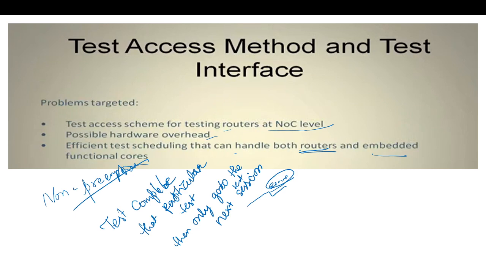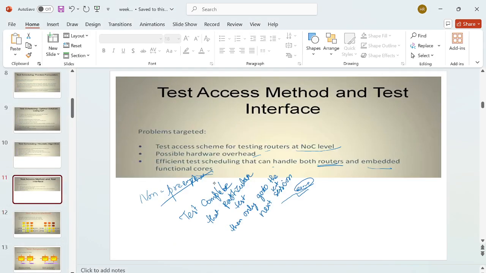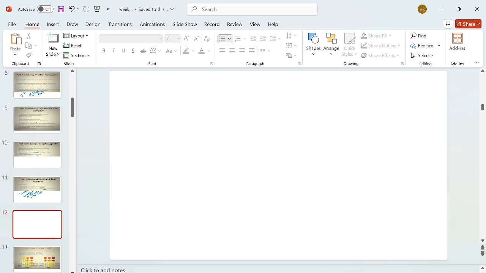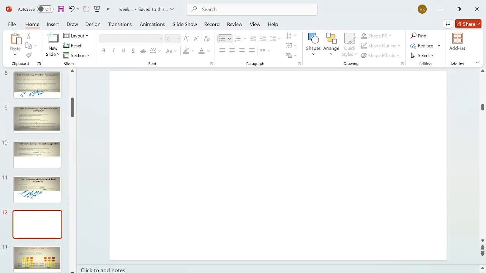So I will take one empty slide here. So if we consider this as the network on chip, and say here we have a core and router 46.